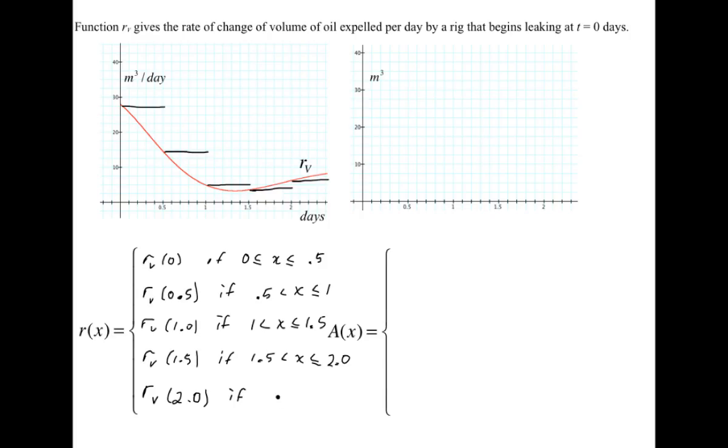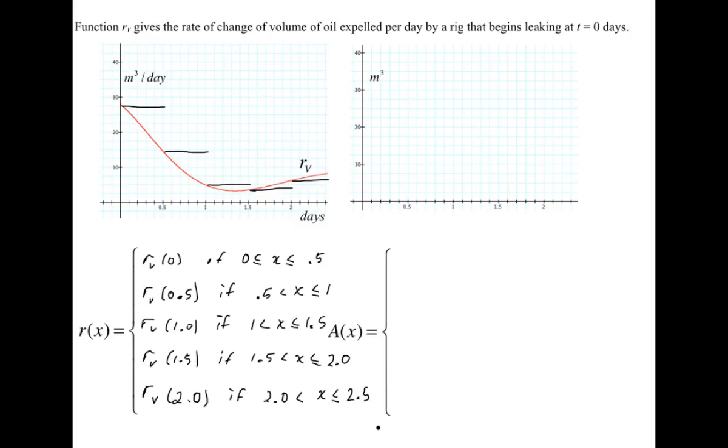Well, you said it was left. Kendall's got it. Kendall, go ahead. Okay, sure. On the first one, because I did mine opposite, I have 0 less than or equal to x, less than not equal to 0.5.